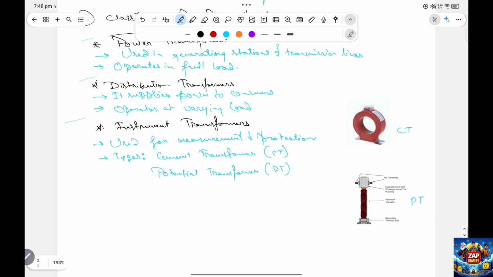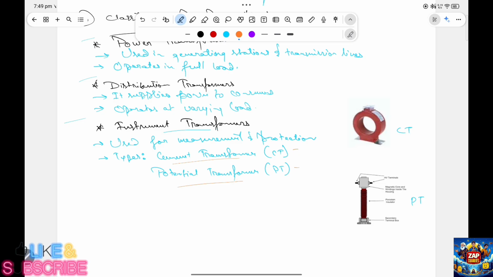and then we have instrument transformers, and they are used to measure. Also they are used to protect. We have two types of instrument transformers: current transformers and potential transformers, CTs and PTs. These are very important instruments. You can find them everywhere, even in exams and in real life.